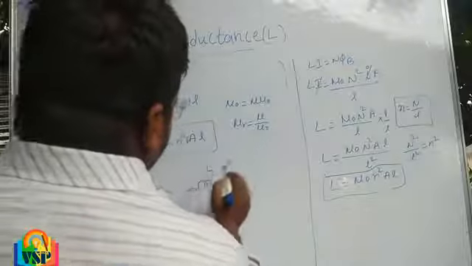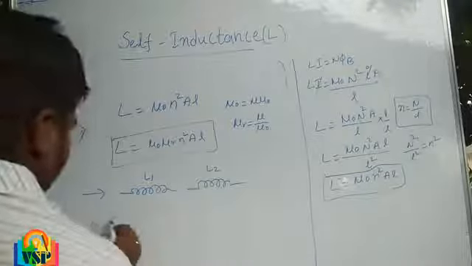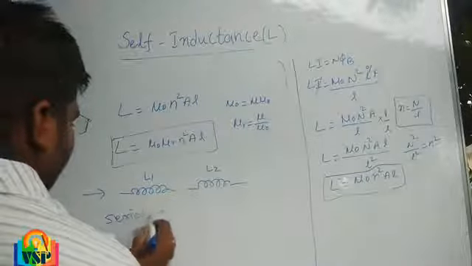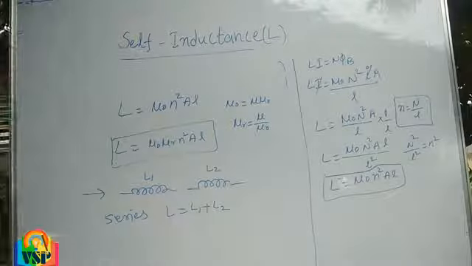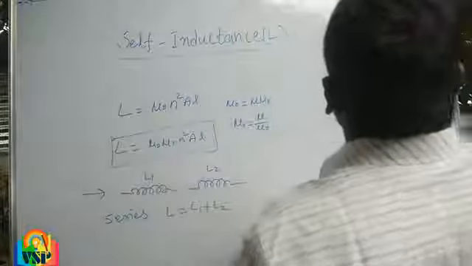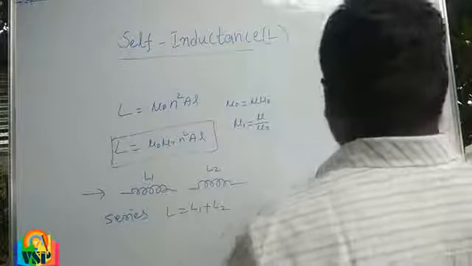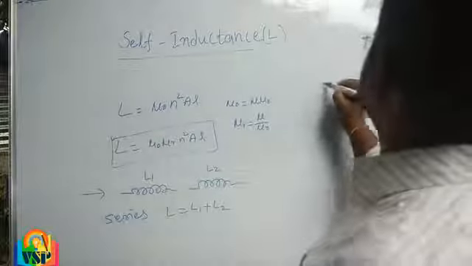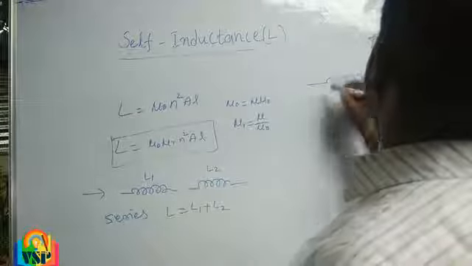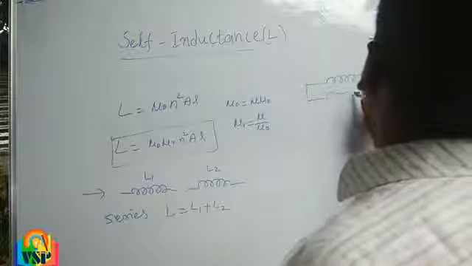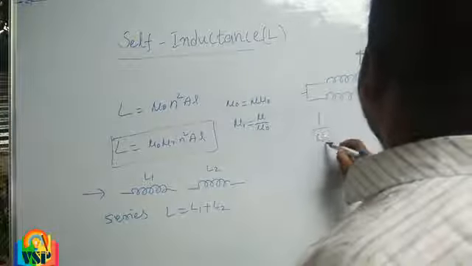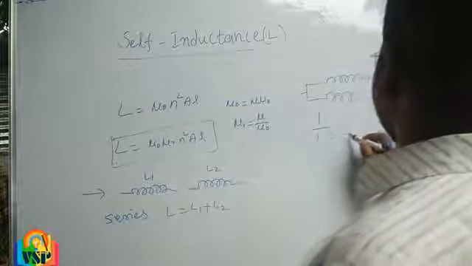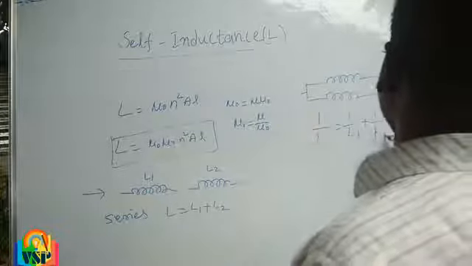Series combination: L is equal to L1 plus L2. Parallel combination: 1 by L is equal to 1 by L1 plus 1 by L2.